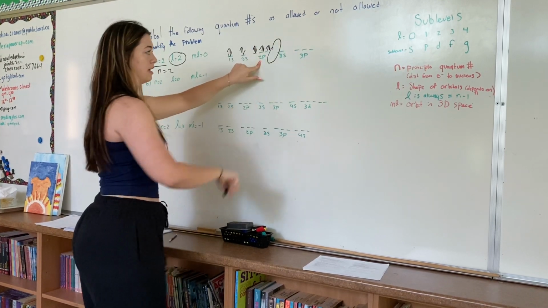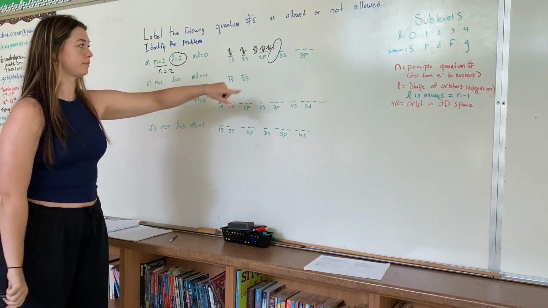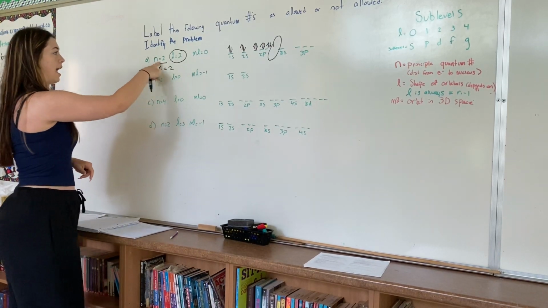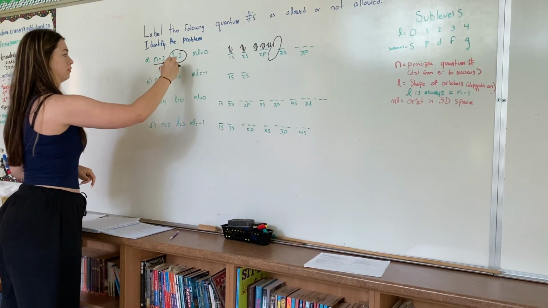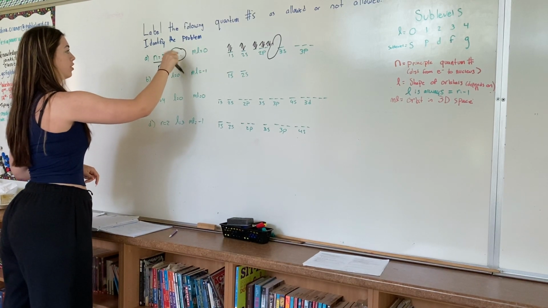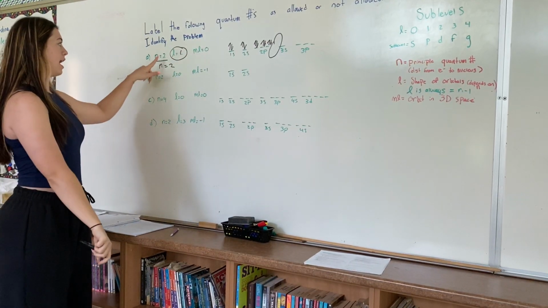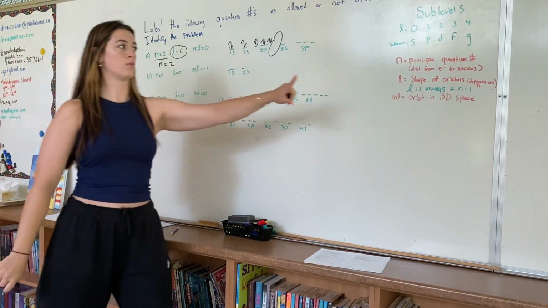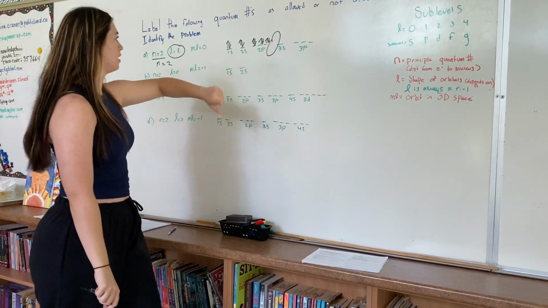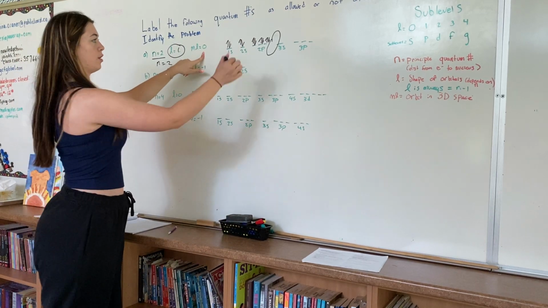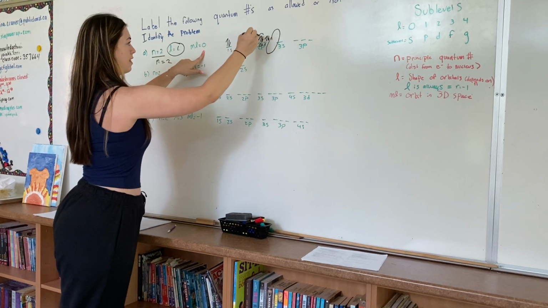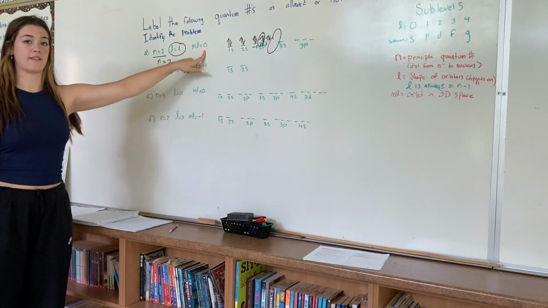We do not have a D here. So there's our problem. In order to fix this, we could do N minus 1, which is 1, so this could be our first sublevel. And if N is 2, we're looking for our 2s. If L is 1, we're looking for our P. And if ML is 0, it'd be negative 1, 0, and 1. So it would be this one, if that was the correct way.